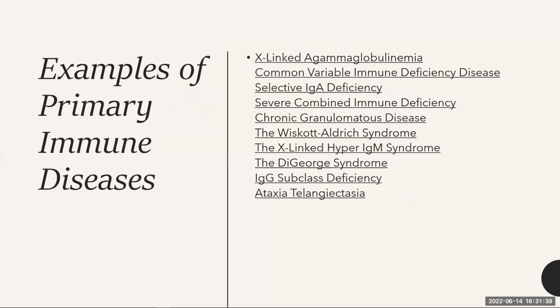So finally, some examples of primary immune diseases are given here: X-linked disease, common variable, selective IgA deficiencies, and you also have chronic granulomatous disease, Wiskott-Aldrich syndrome, and DiGeorge syndrome as well. All of these are examples of primary immune diseases.